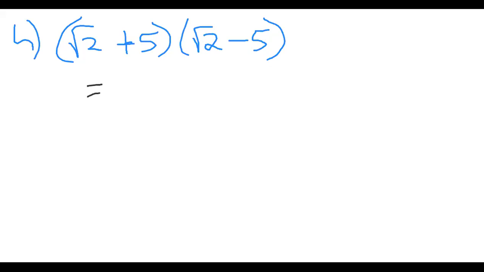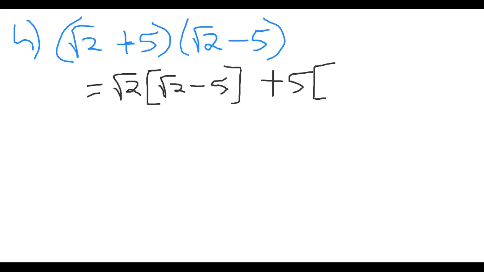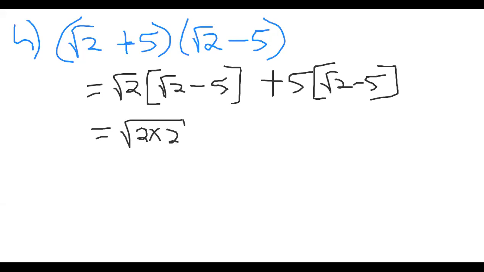You multiply root of 2 times whatever is in the other bracket, root of 2 minus 5. Then plus 5 into brackets, root of 2 minus 5. So when you expand, let me not skip that.